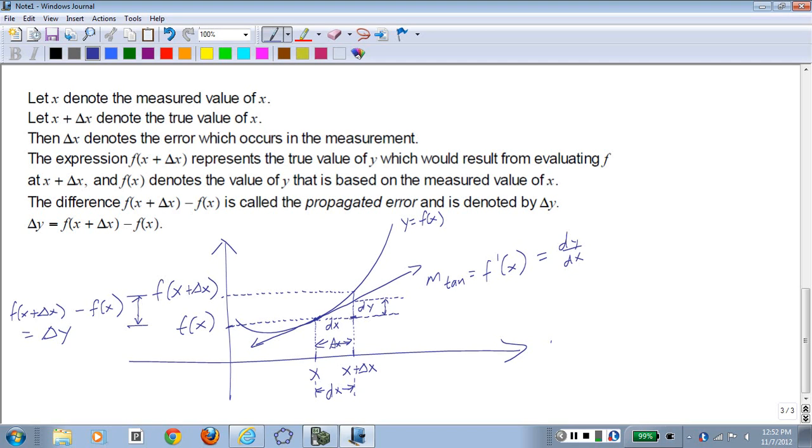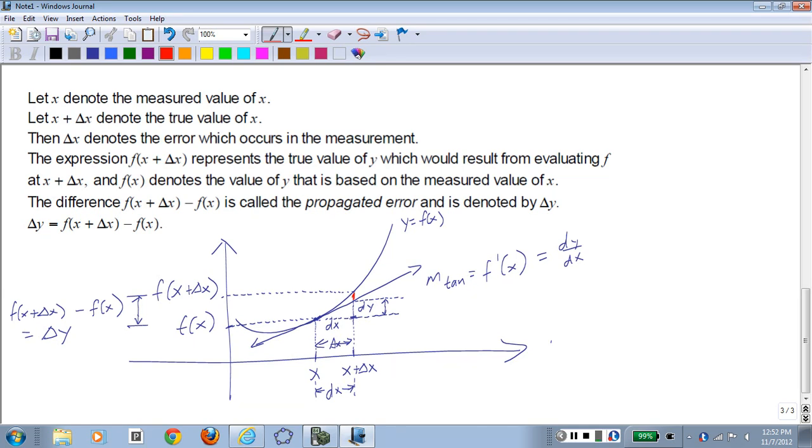Compare that to delta y. Now, the way I've drawn the picture, there is somewhat of a discrepancy between dy and delta y, the little amount in red there. But if delta x is a little bit smaller, then maybe it's not such a bad approximation for the propagated error.